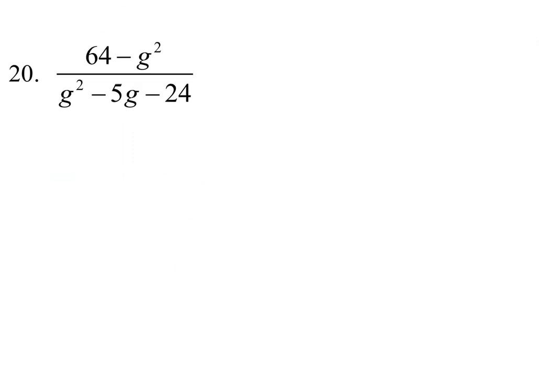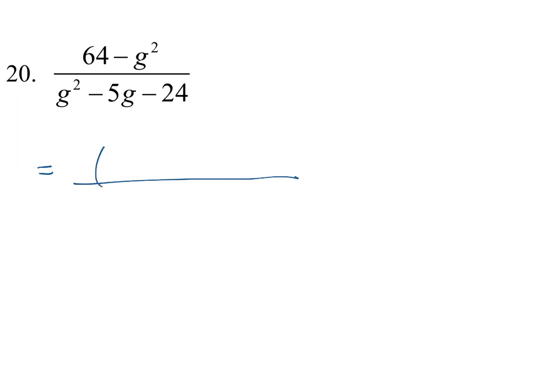So in the top, we have a difference of squares. Square root of 64 is 8. Square root of g squared is g. Okay, and in the bottom, factors of negative 24. So you're multiplying to get a negative 24, so your signs are going to be different.